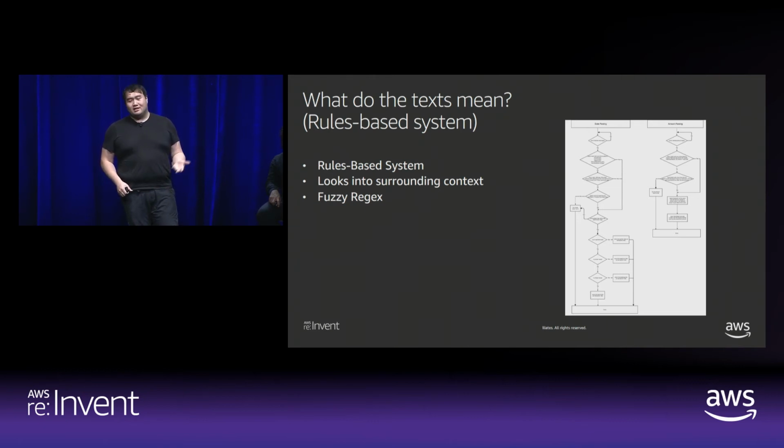For example, if you're looking for a certain date, the dates have a certain format, and there's certain surrounding context. So we combine rules-based with fuzzy regular expression. The reason for fuzzy regular expression is that it is possible to get errors from the text reading process.